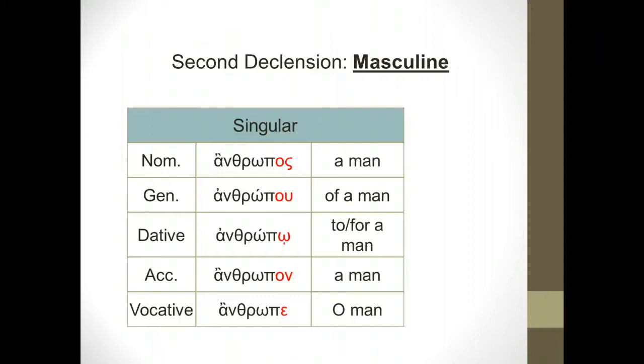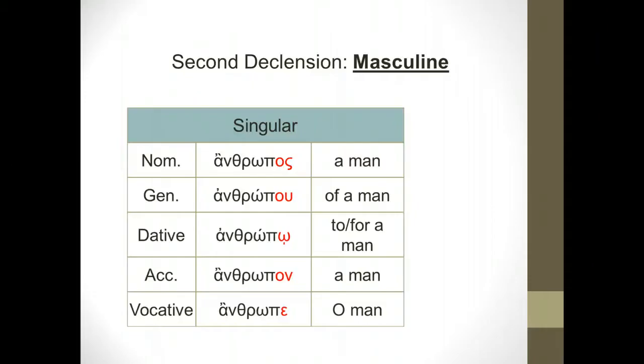But if I put it as anthropou, if I take off that omicron sigma ending and put on the omicron upsilon, which is part of the genitive ending that you'll be learning, then I know automatically that it is a genitive version of the noun, and in the translation it becomes of a man.